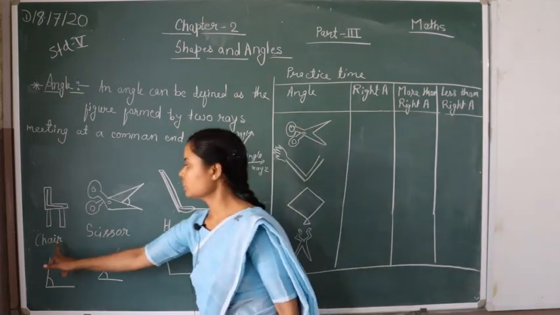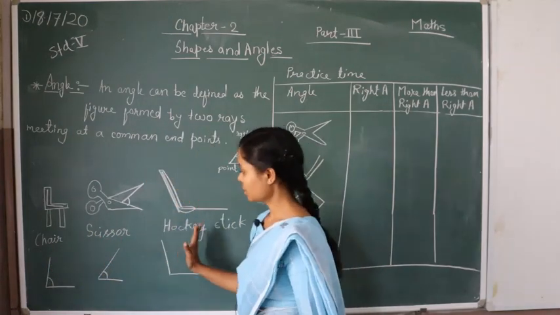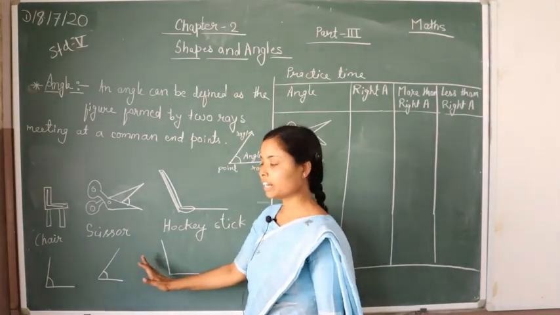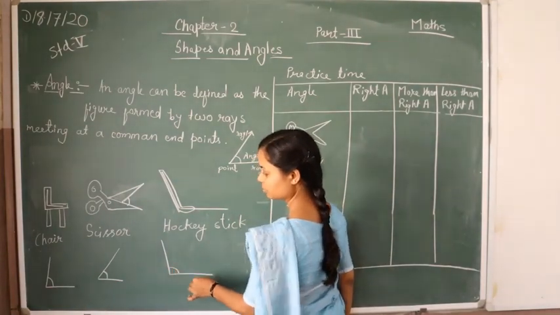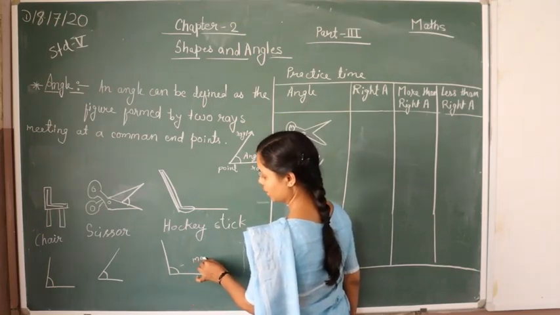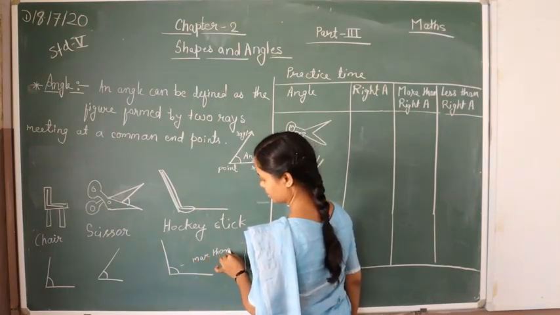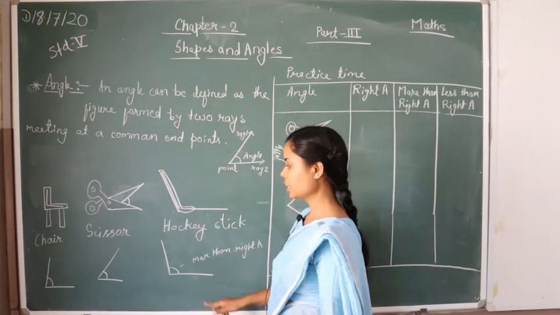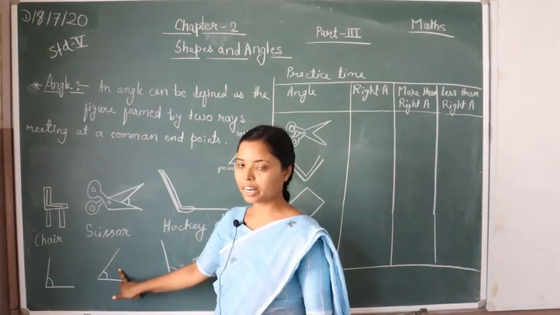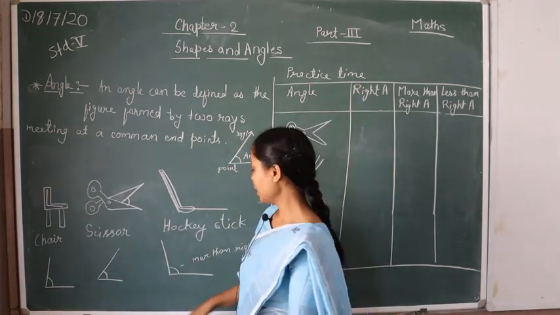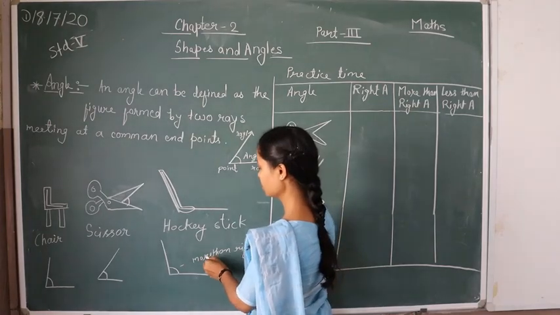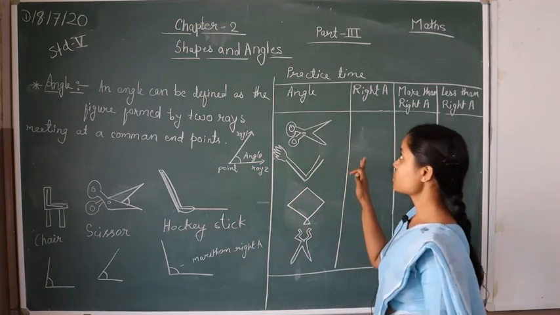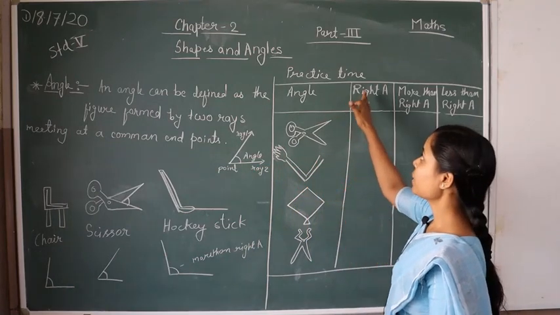Pulling this line to the left hand side makes an angle which is more than a right angle. This is less than a right angle, this is more than a right angle, and this is a right angle. So we will move to the exercise named practice time.